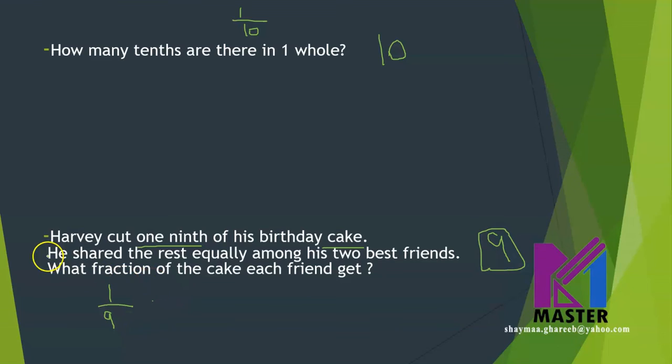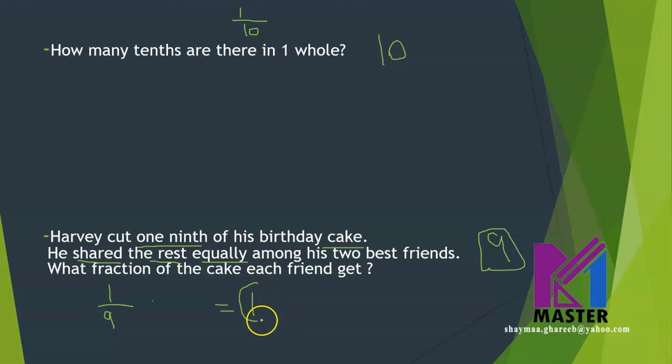And what do you think? He shared the rest equally among his two best friends. There are two important words here: rest and equally. If he cut 1 part out of 9 parts, how many parts are left to form the one cake?